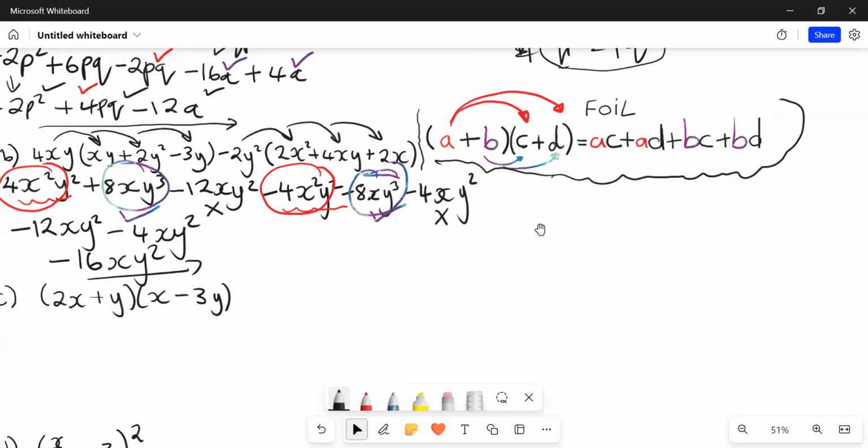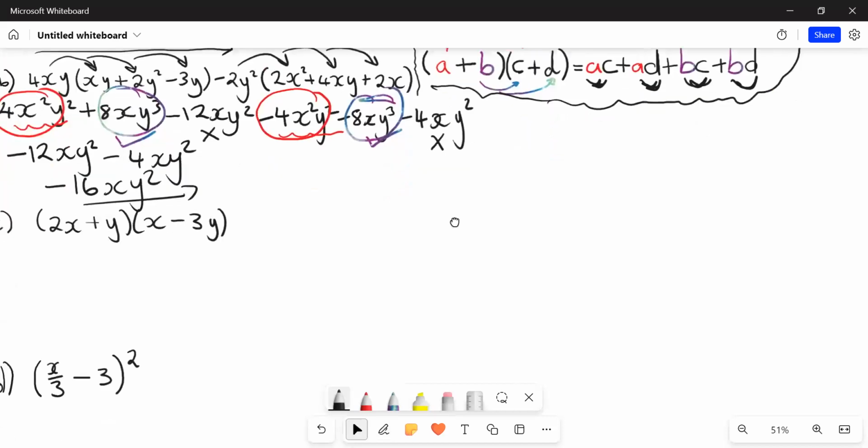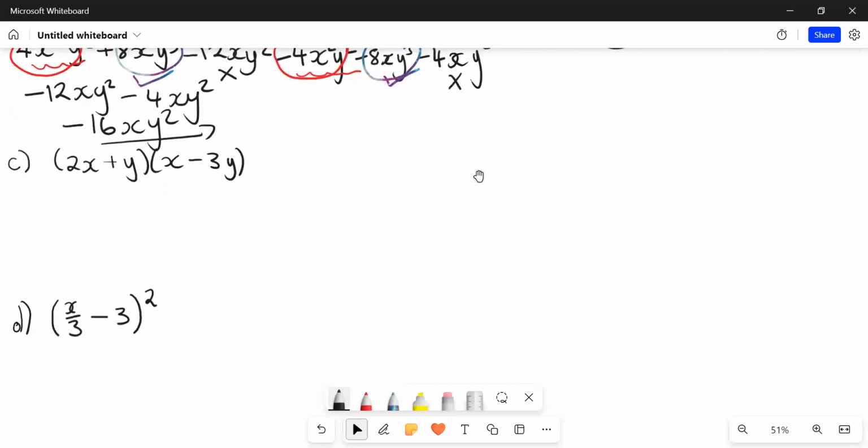You first multiply A and C, the firsts, we get AC. And then you multiply A and D, the outers, we get AD. And then you multiply B and C, the inners, we get BC. And then you multiply B and D to get BD. Those are the lasts. Hence, we call that a FOIL method.